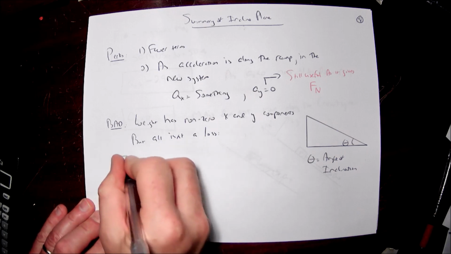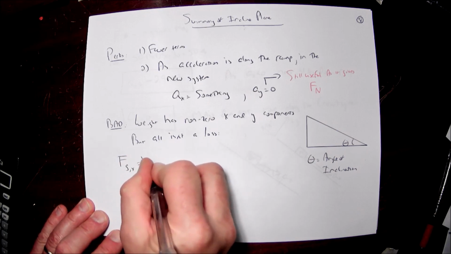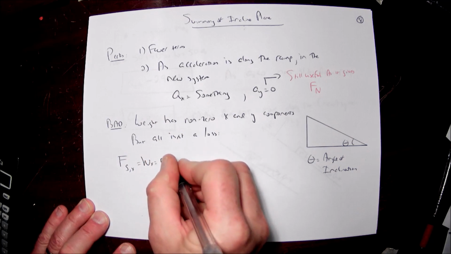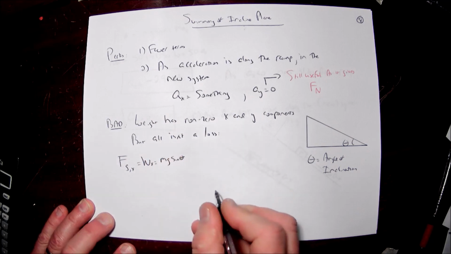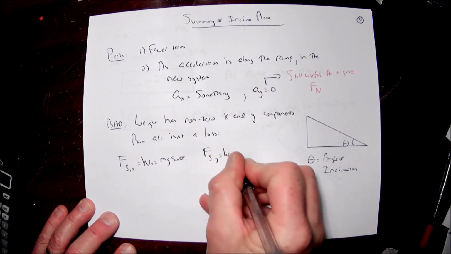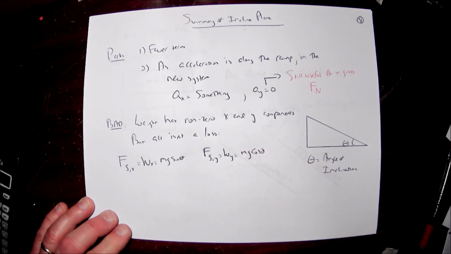Then the X component of weight, or Wx if you like, will always equal mg sine theta. And the Y component will equal mg cosine theta.